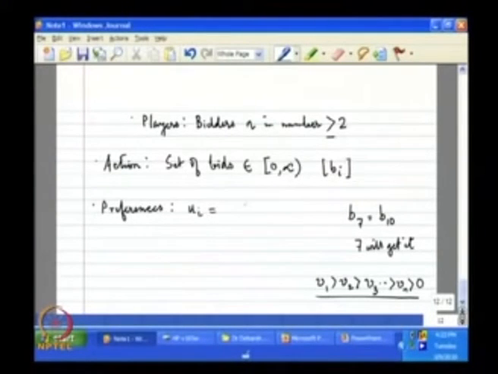If I gets the object, then what is his payoff? Let us try to write that. It is written as Vi minus B bar, where B bar is the highest bid.